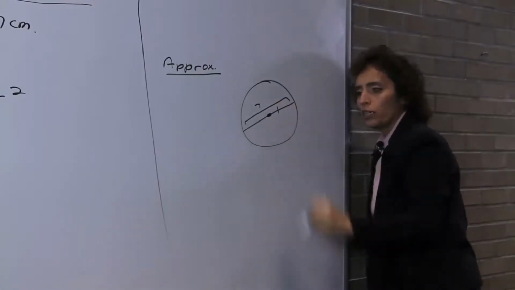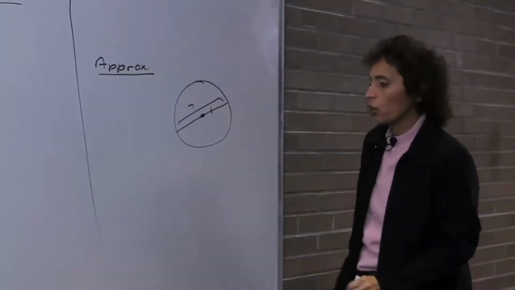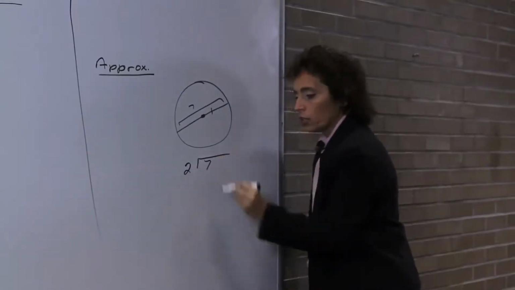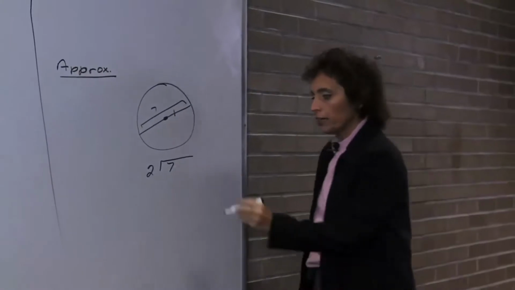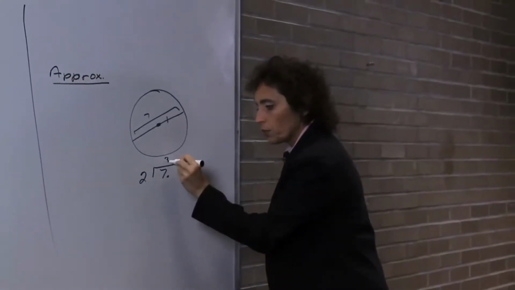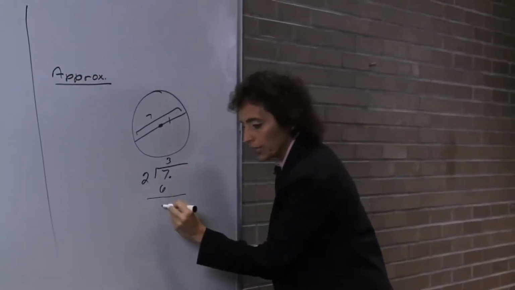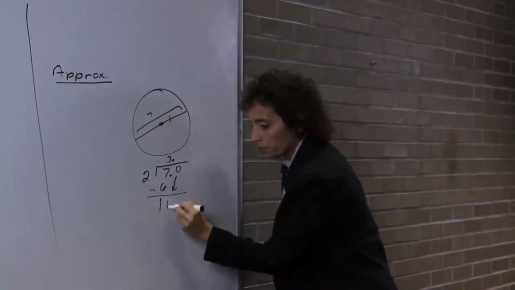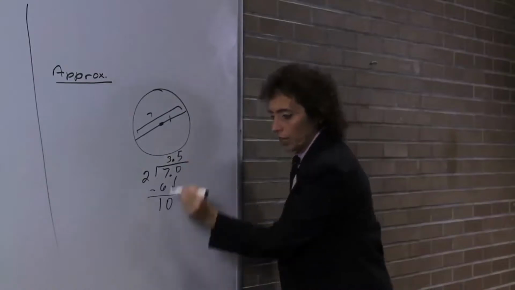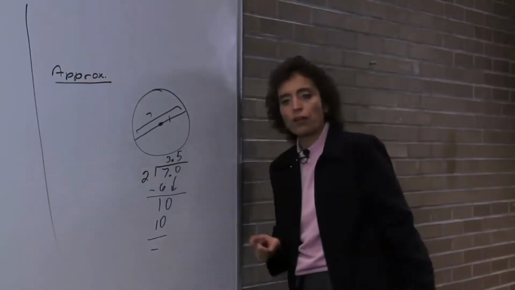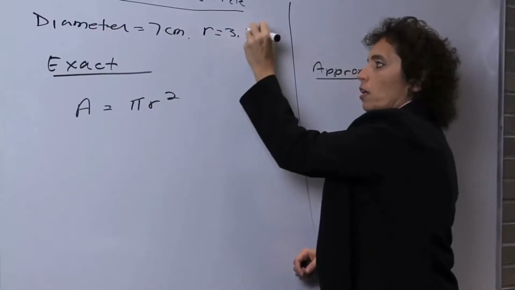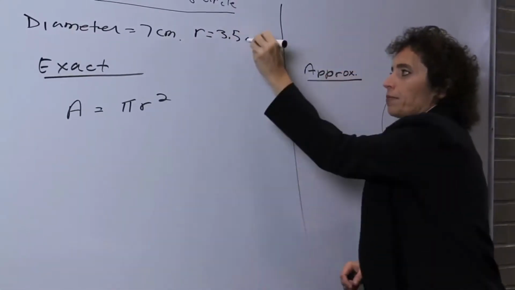We only want one little piece of it, 1/2 of it, to get the radius. So to get the radius, we have to take 7 divided by 2, okay? 2 goes into 7 3 times, that's 6. Okay, there's your point. 2 goes into 10 5 times, and there's your 10. Done. So it's 3.5. So the radius is 3.5 because it's 1/2 of the diameter.